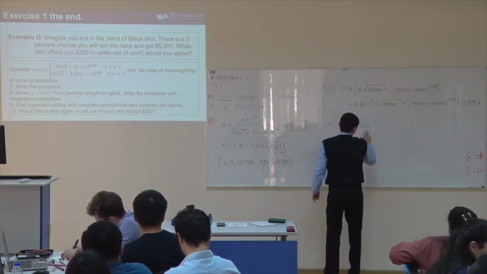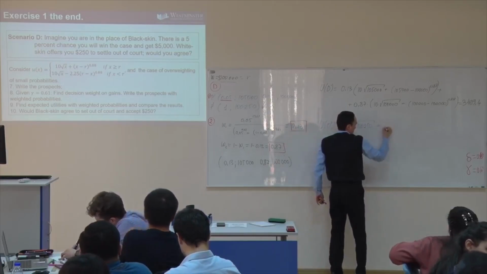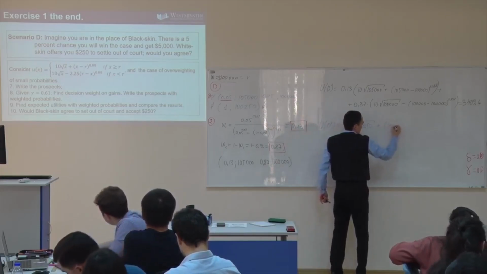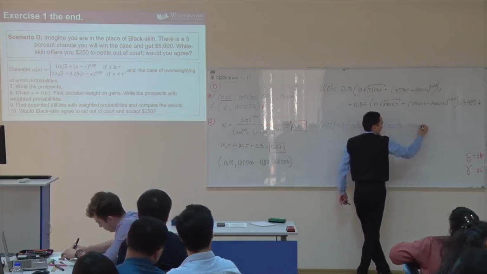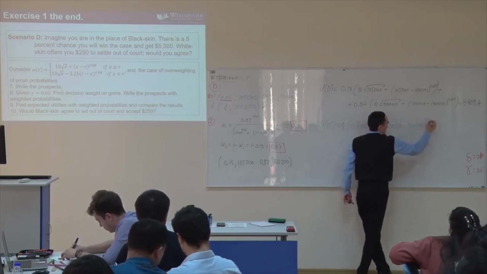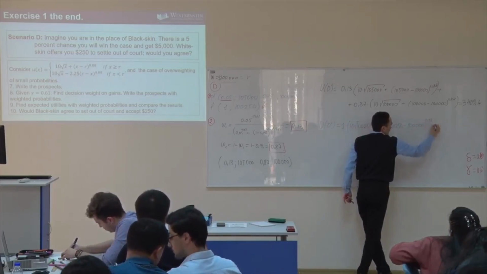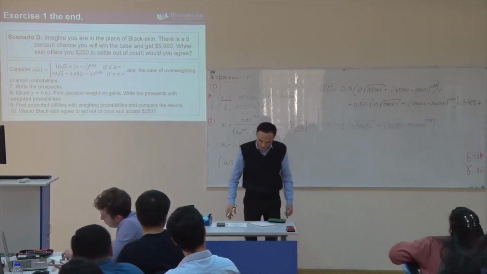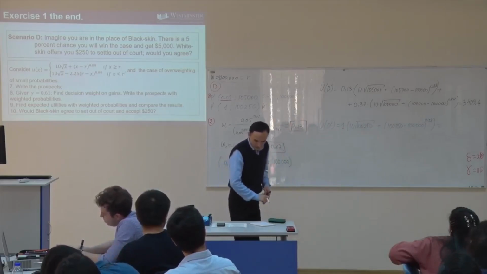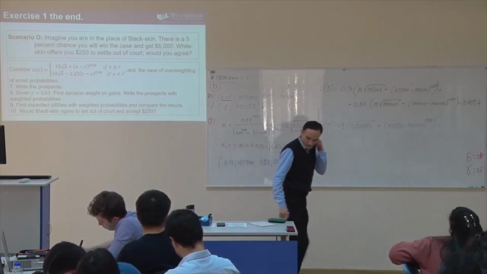First one, because it's greater than the reference point. Plus 100,250 minus 100,000 in the power of 0.88, okay, equal. If you calculate this one, it will give you the number of 3,295.1.